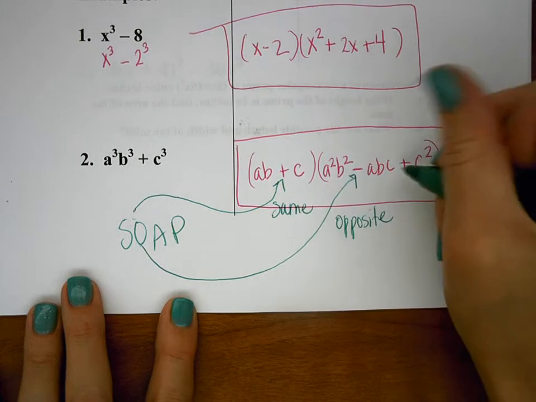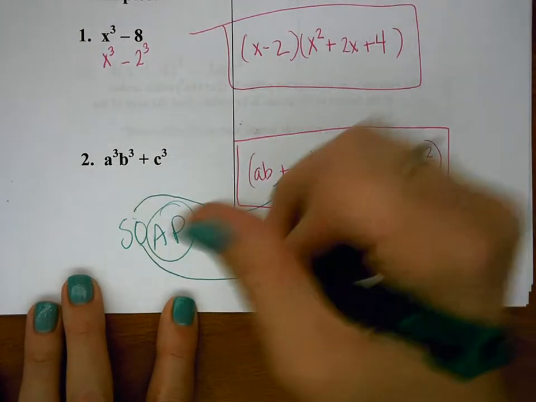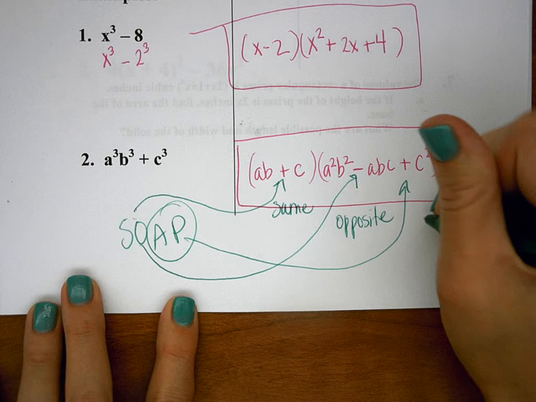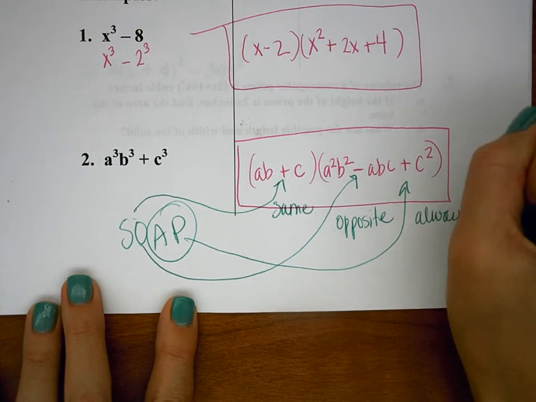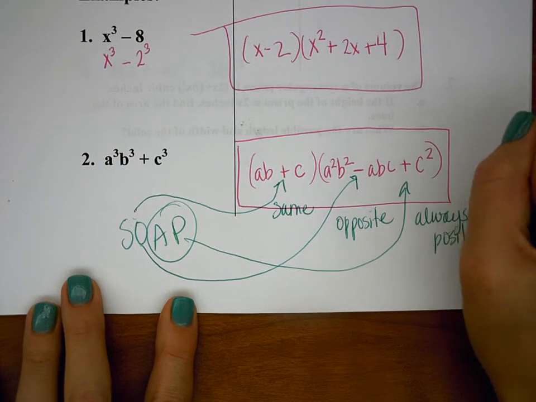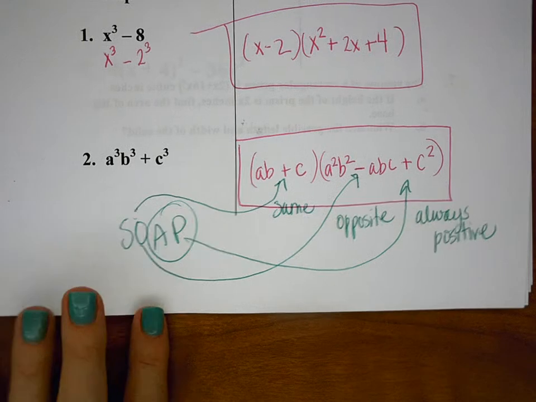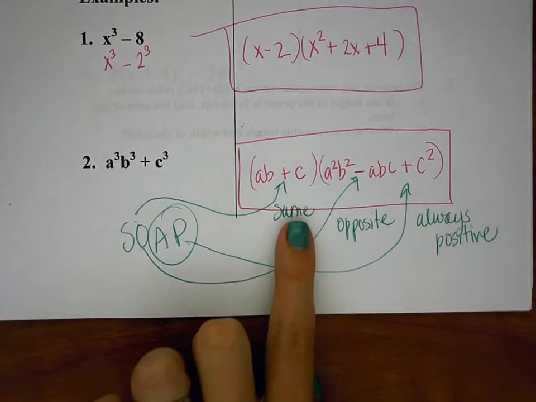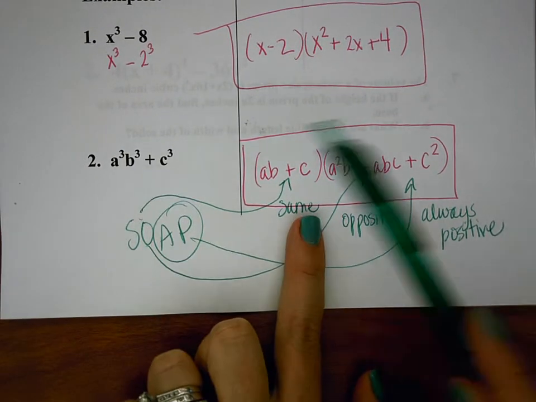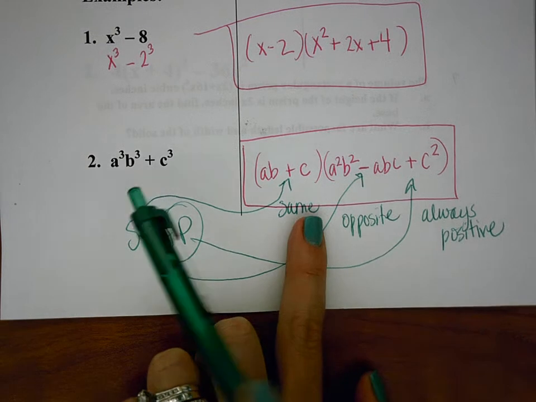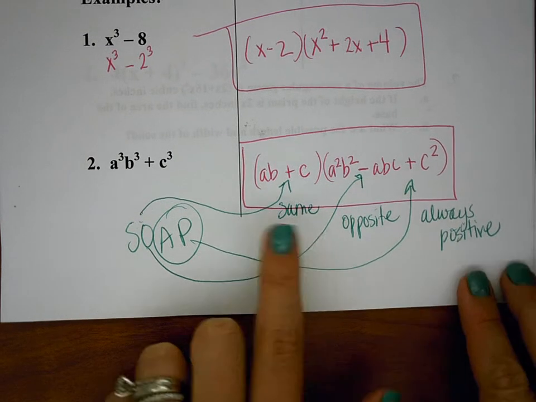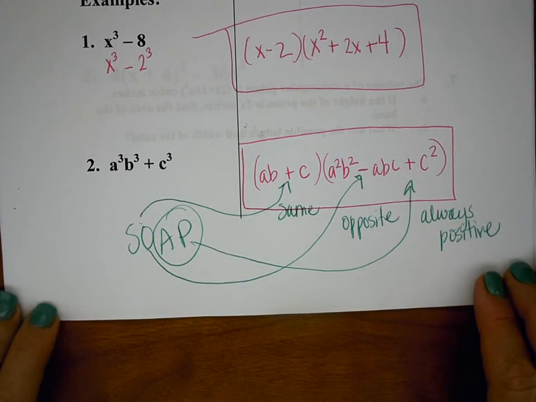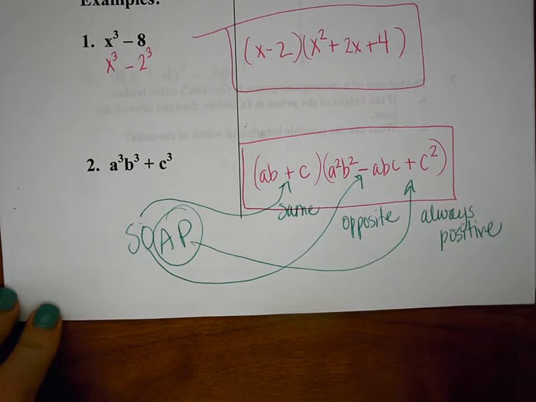And your last one here is always positive. So when you're doing cube factoring, if you always remember SOAP, same sign as your original, opposite sign of your original, and always positive, hopefully you will always get your signs right.